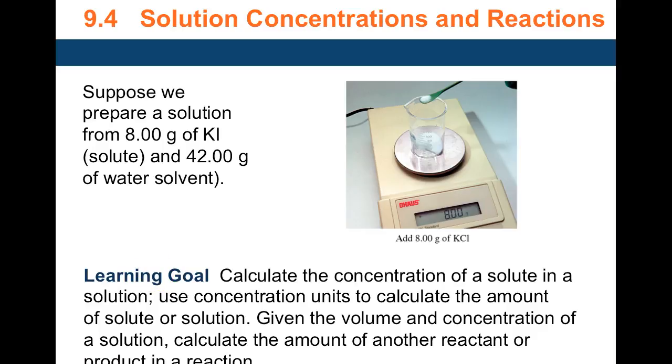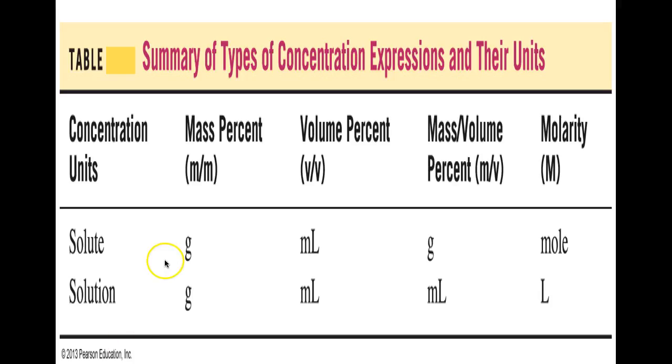So we'll look at all of them. So you can have a mass percent solution, percentage m by m, where the solute and the solution are in grams. Now remember, the solution includes the grams of solute plus the grams of solvent. Together they make the solution, all right?